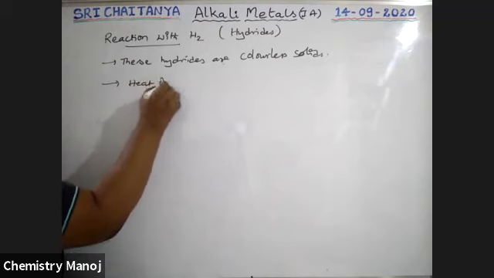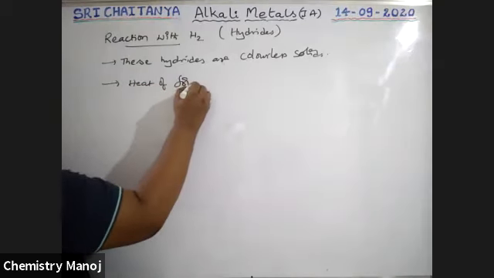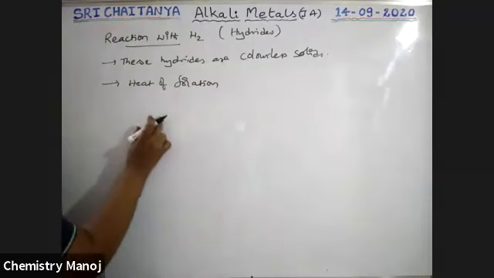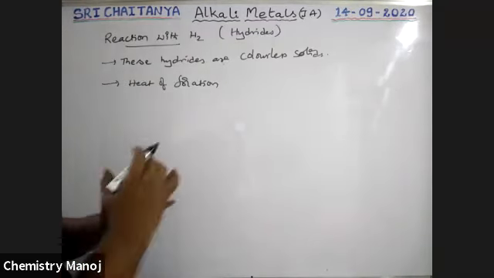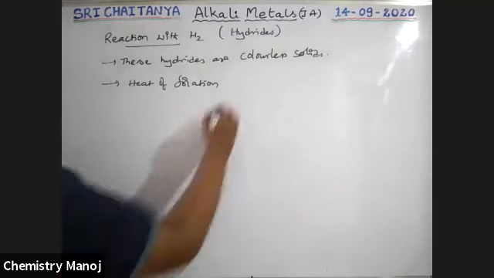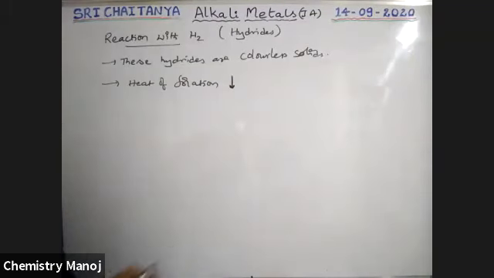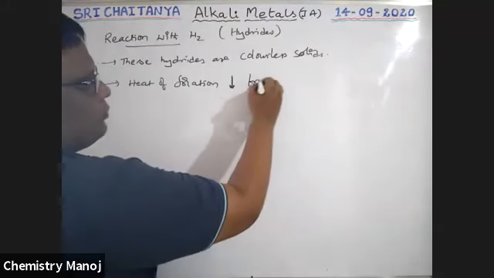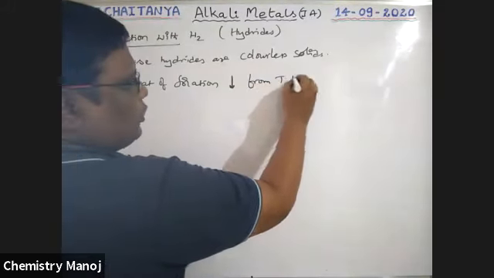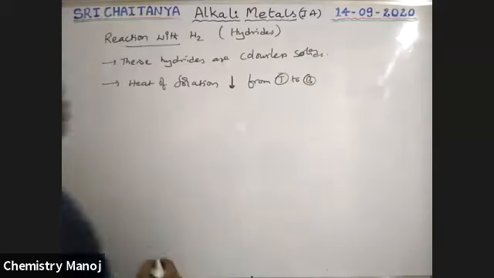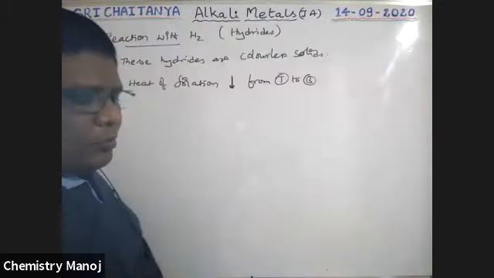When the metal reacts with hydrogen, a metal hydride is formed, and the heat of formation decreases. That means stability also decreases. Heat of formation decreases from top to bottom.